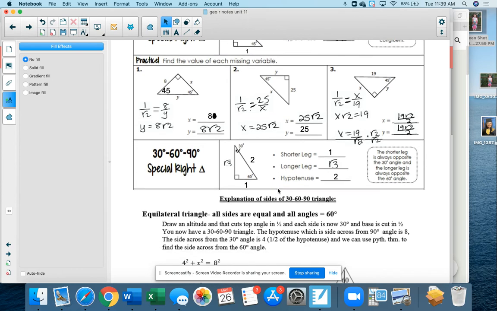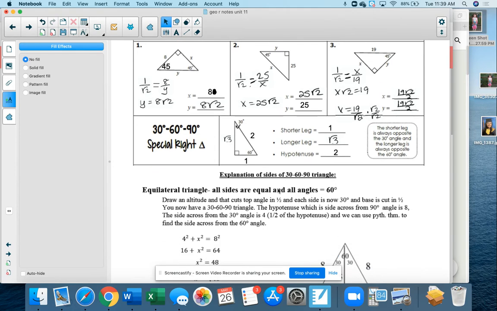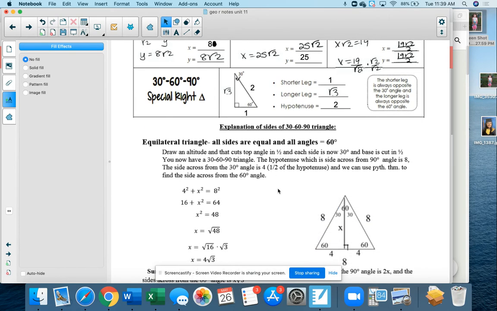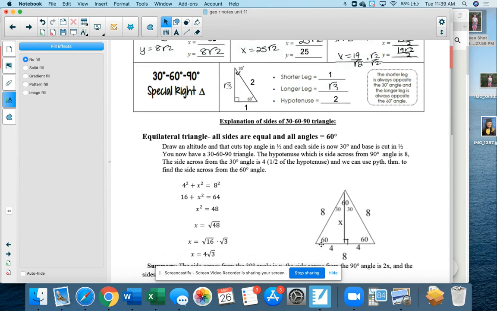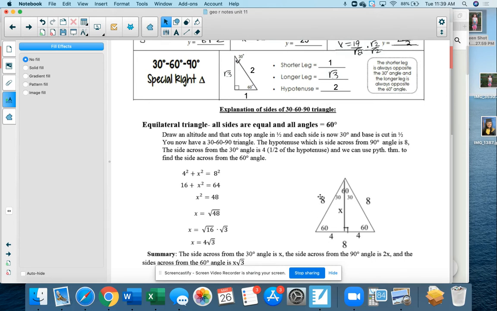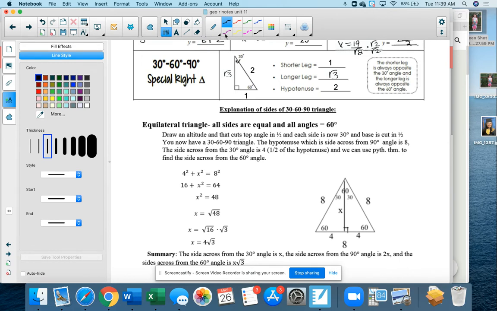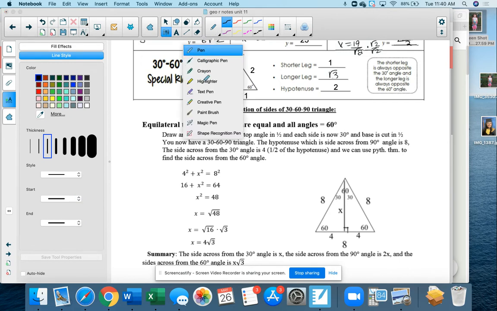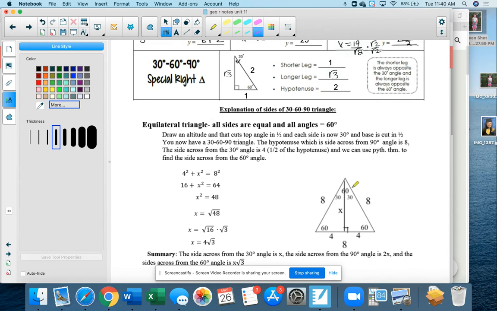Now here's why. Down below is an explanation. You don't really need to write anything in there. In an equilateral triangle, all sides are equal. So this is my equilateral triangle right down here. All my sides are 8. Now what I'm going to do is draw the altitude of that triangle, right here.